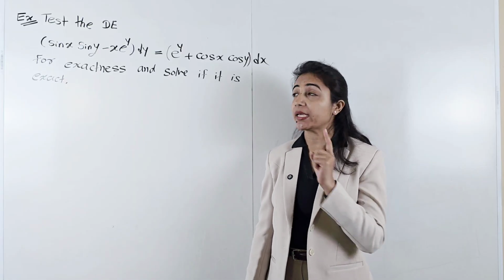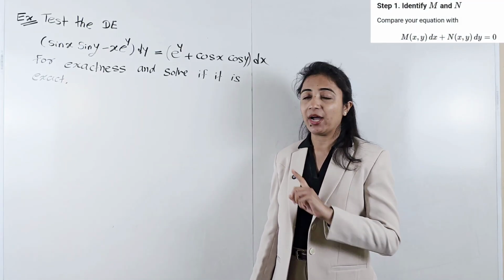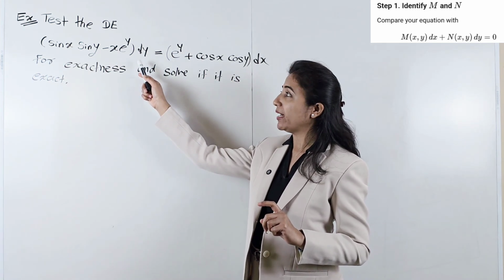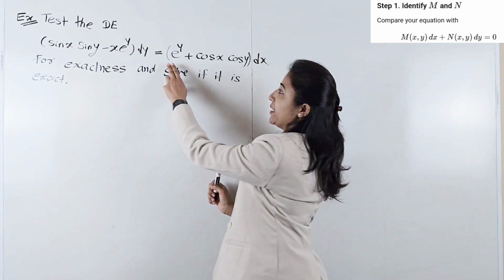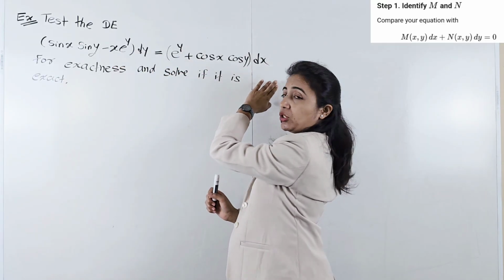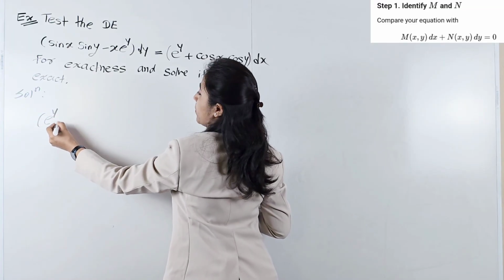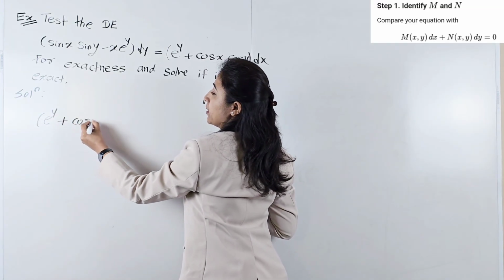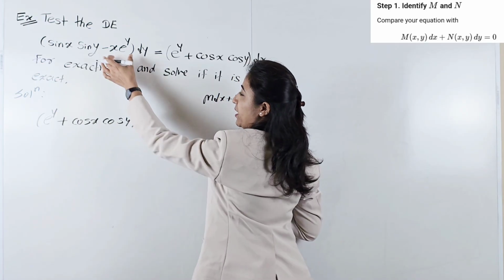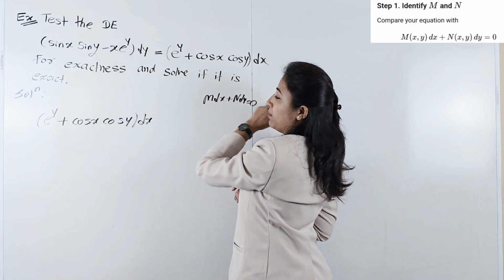First you have to write the given differential equation in the form of M dx plus N dy. That means the dx term will be first and then plus the dy term equal to 0. And here this term is on the right side, so you can shift this term to the right side so that you will get equal to 0. So it is (e^y + cos x cos y) dx, and the dy term I will shift to the right side, so this complete plus term becomes minus.